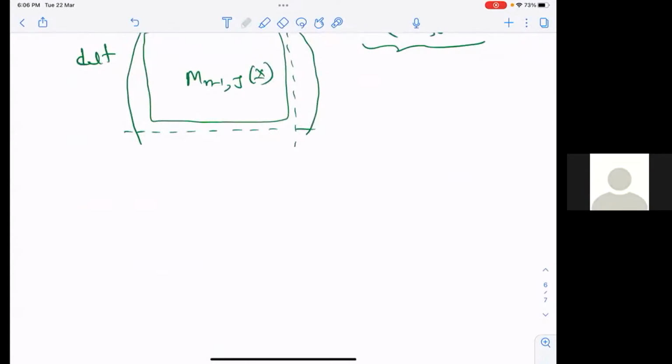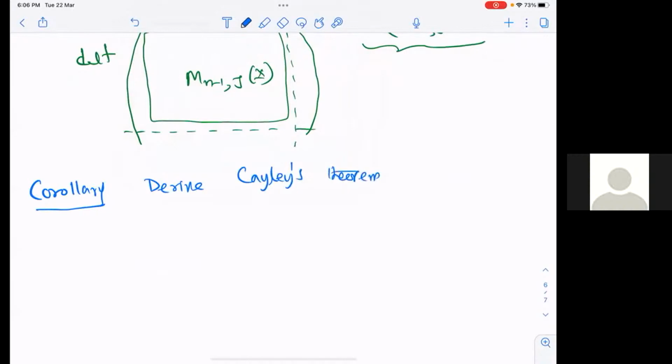Now let's look at one interesting corollary. Derive Cayley's theorem out of it. The theorem that we studied last time, right?